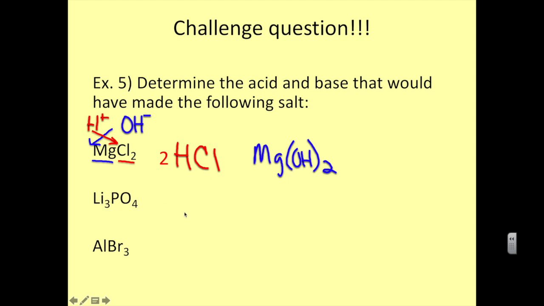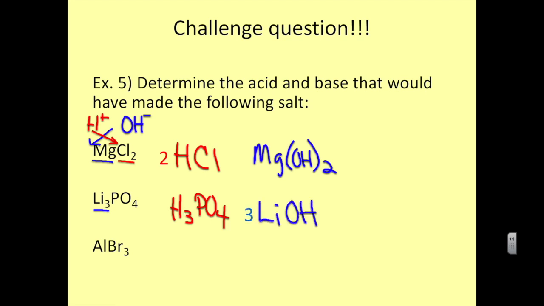Now here, we have lithium and phosphate. The parent acid is going to be phosphoric acid because H plus would have had to make PO4. And then the parent base would have been lithium hydroxide.